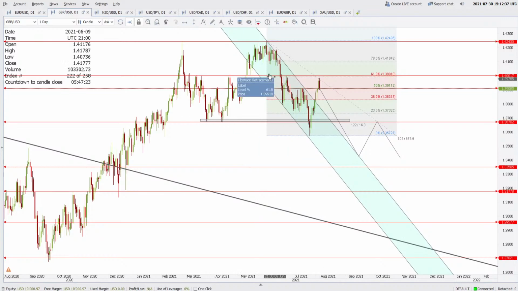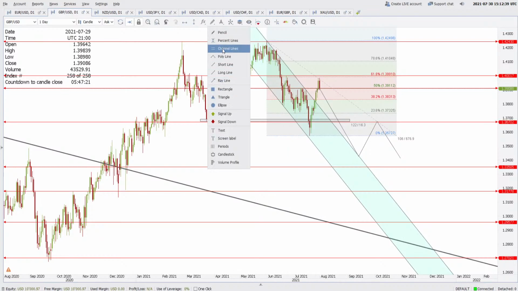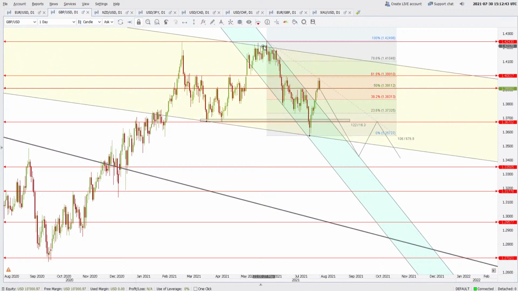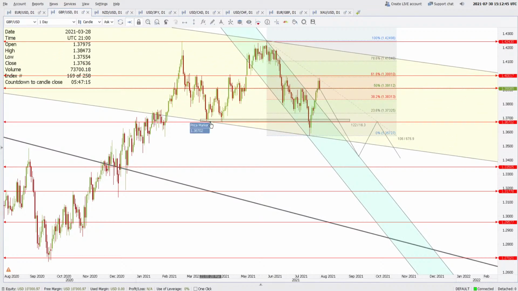So when the structure is down and you want to know where the next resistance can be, you can simply draw the channel like this, because we are not talking about the price action before this area, because after this the price made an equal high and then a lower low. So now we are expecting a lower high to be formed.